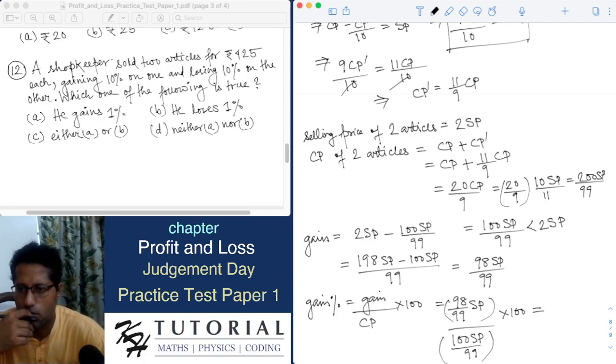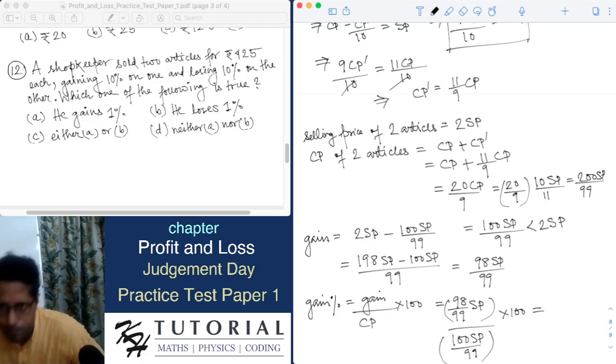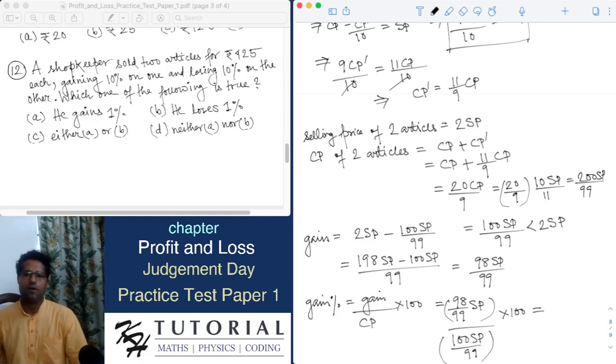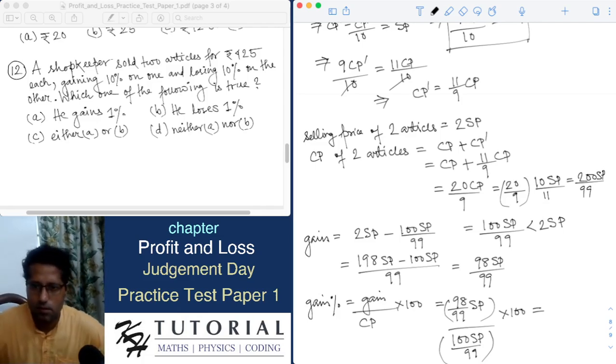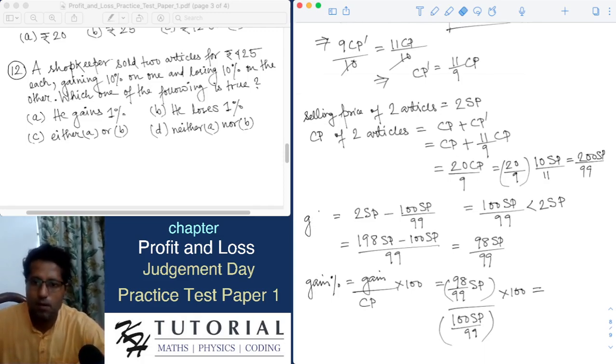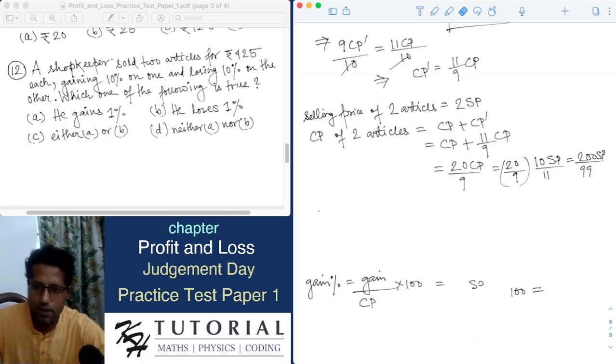Now, which is more, 2 SP or 200 by 99? Definitely 200 by 99 is more. So there is a loss, actually there is a loss. Okay, sorry, I did something wrong. Now we have found that the cost price of two articles is 200 SP by 99.